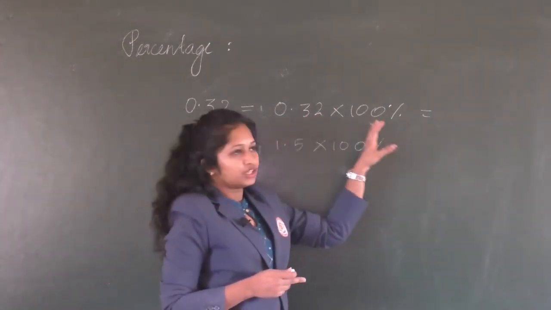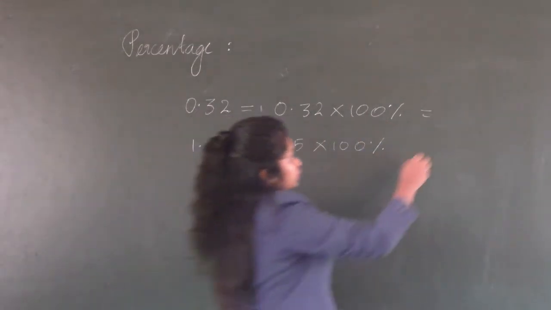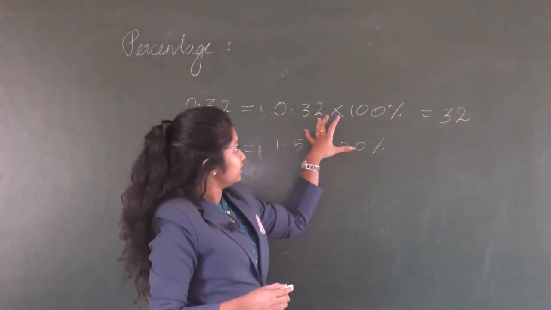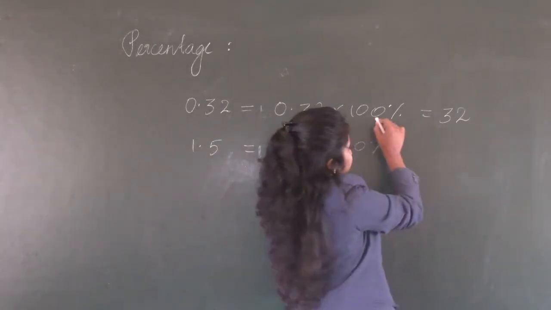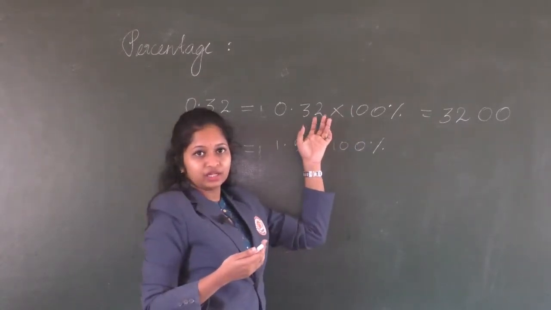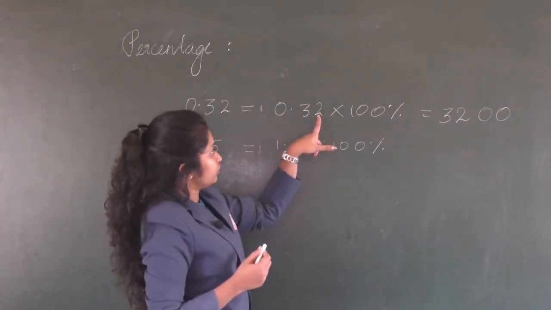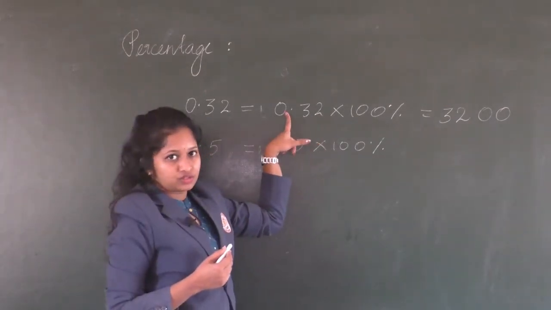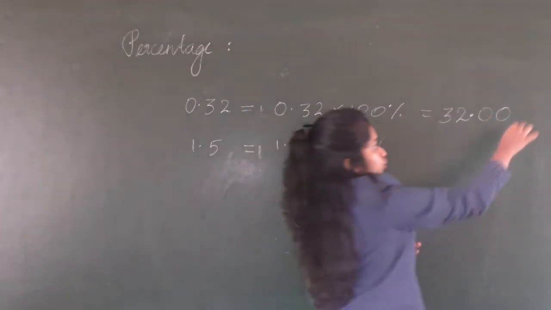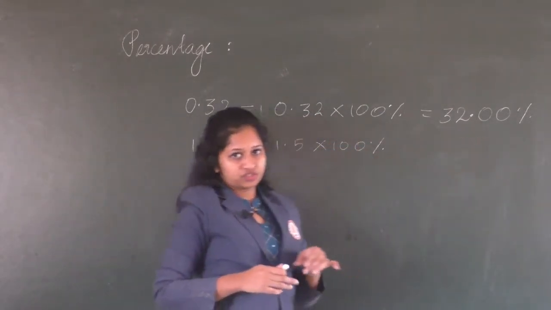So when you multiply a number with 100, we should just leave the decimals and write the numbers and write these two zeros. And now come back to the decimal and see after how many digits the point is. So after 2 digits the point is. So write the point here. So it is 32 percentage. So 0.32 is 32 percentage.